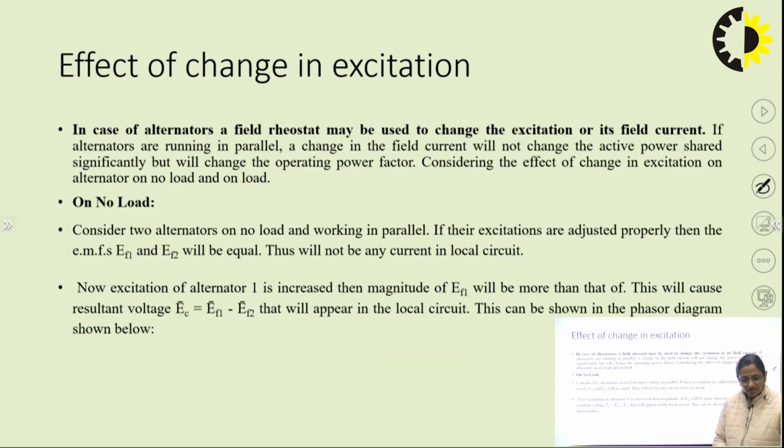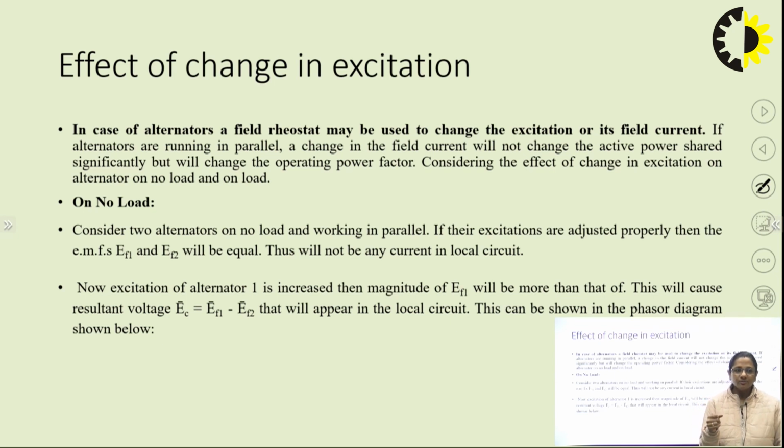Now, after studying the effect of variation in mechanical input, let us now see what happens when we vary the excitation given to the alternator, right? You see, there are two inputs given to the alternator. One is the mechanical input, which is given by the rotation of its rotor.